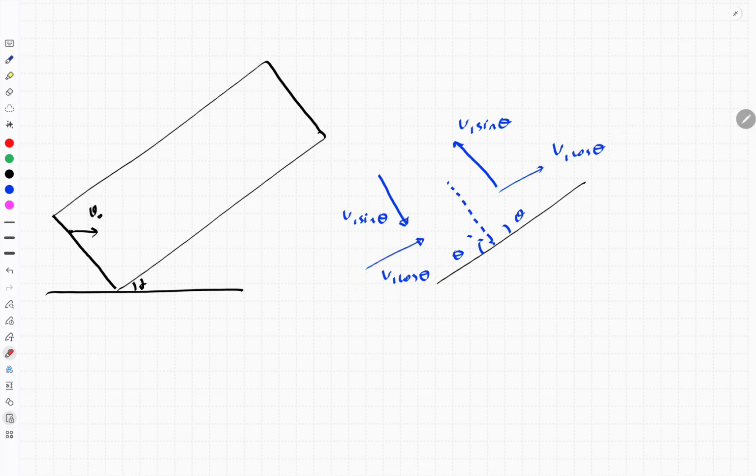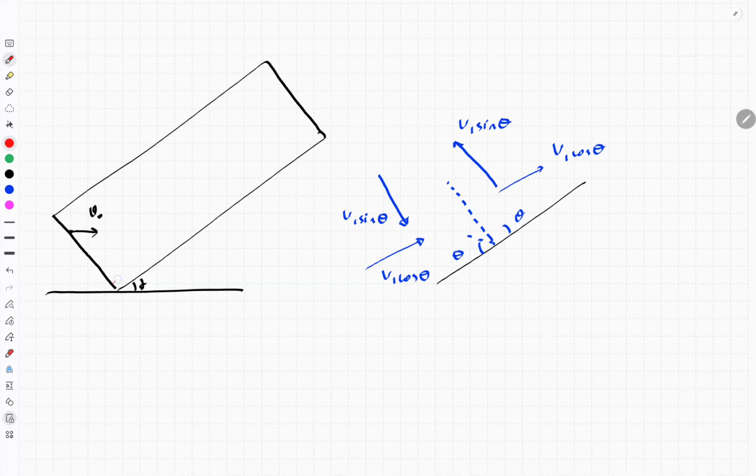Same direction, same numerical value. So basically we can assume that it's not hitting the wall. Actually, it is hitting the wall, but it's not affecting the velocity in this direction, which is very good for us, because now we don't need to know the number of collisions when we consider velocity in this direction. So I will use this method.